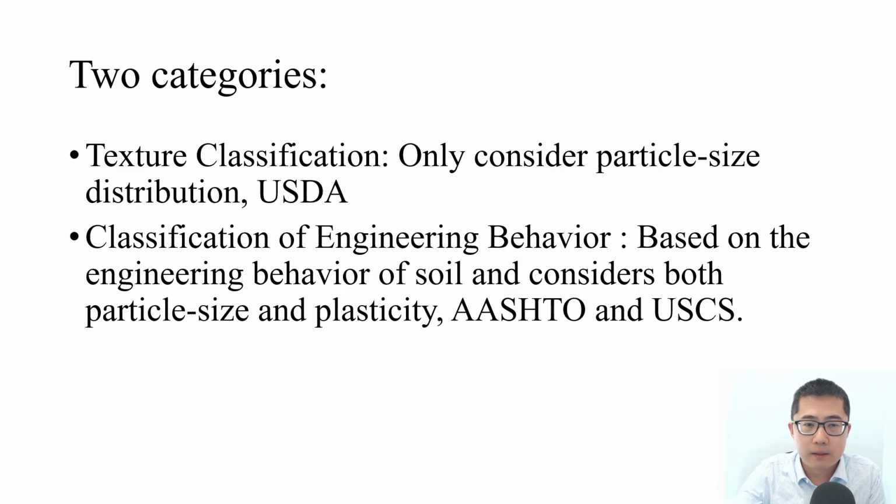It's not the best system in the world, but it definitely has a lot of applications in agriculture. We don't really use this a lot for engineering purposes, but I do have a slide later on so that you would know how they do the USDA classification.